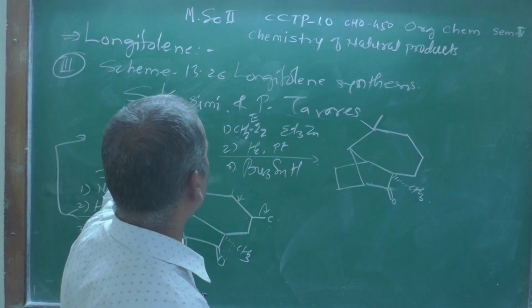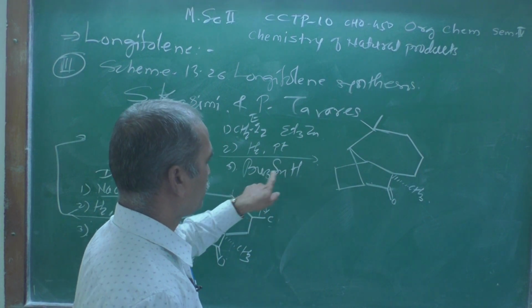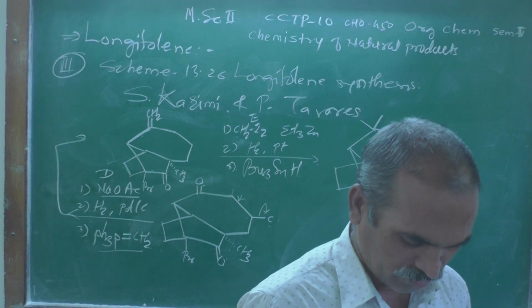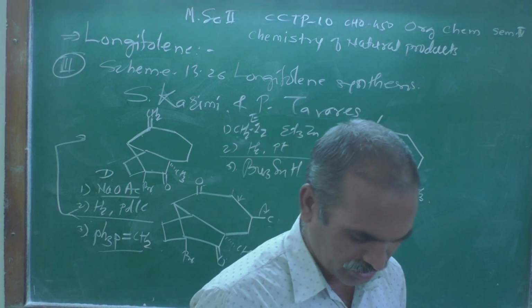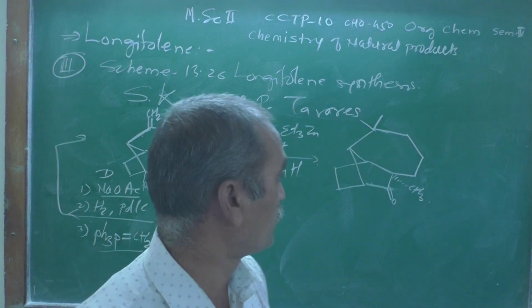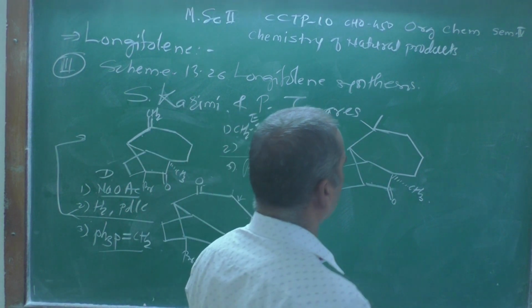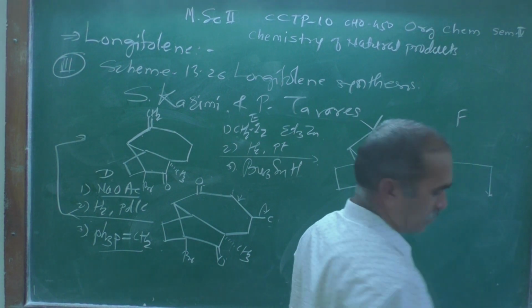Whatever radical is generated over there can abstract hydrogen, and we will get that type of compound. And this is the compound which we got over here.